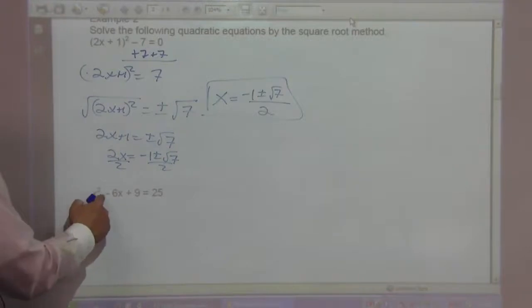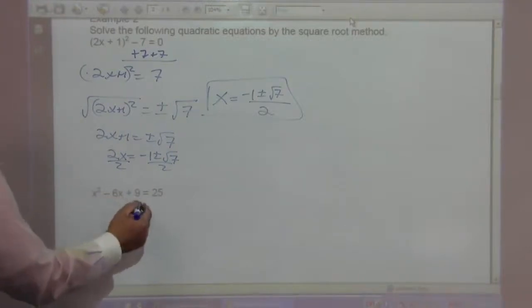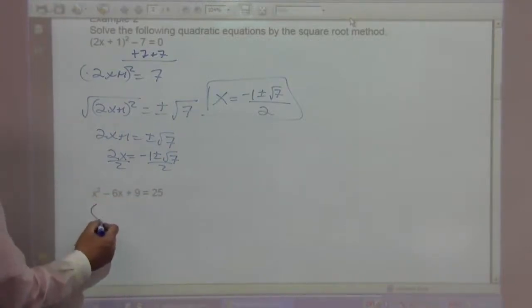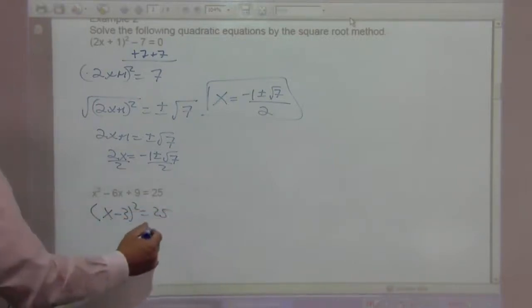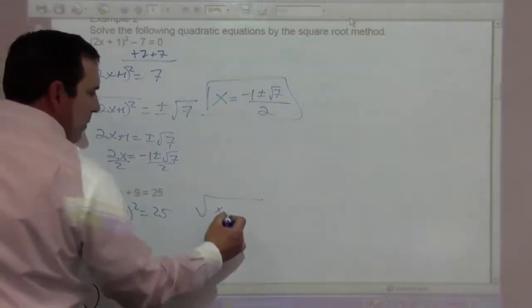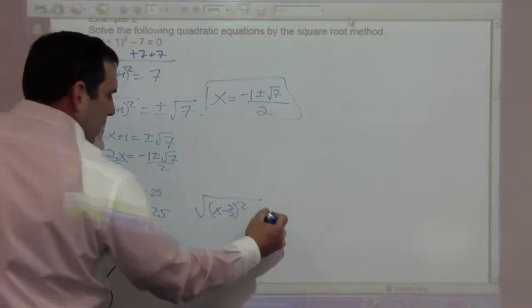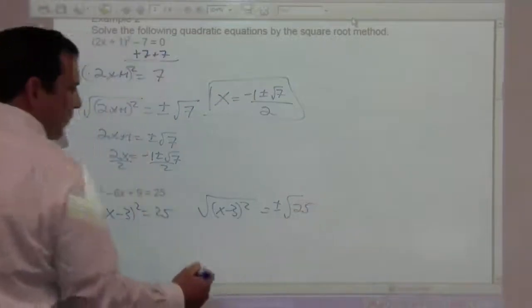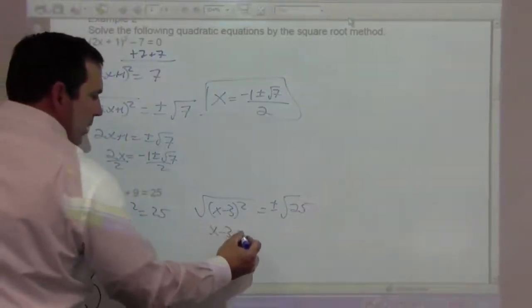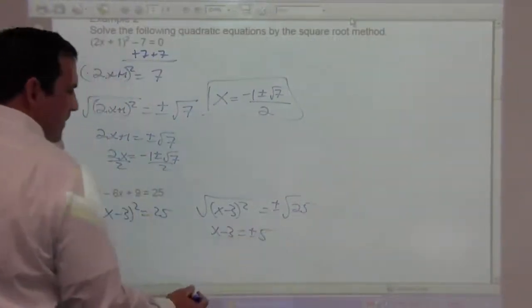The next one, x squared minus 6x plus 9 equals 25. This first part can be factored to be x minus 3 squared equals 25. So take the square root: x minus 3 equals plus or minus the square root of 25. So x minus 3 is plus or minus 5.